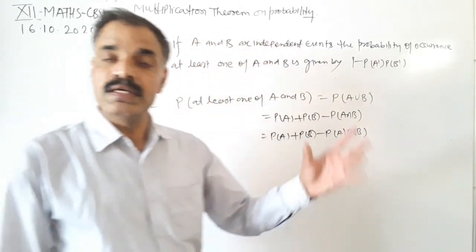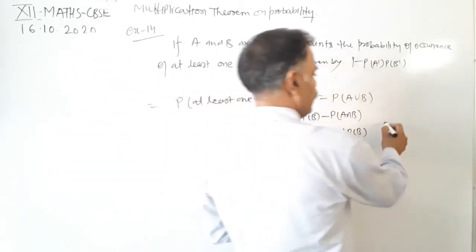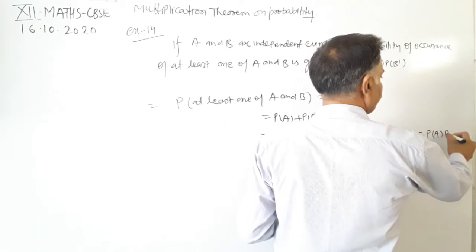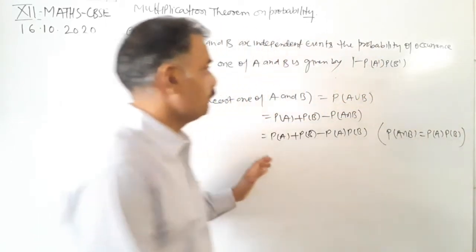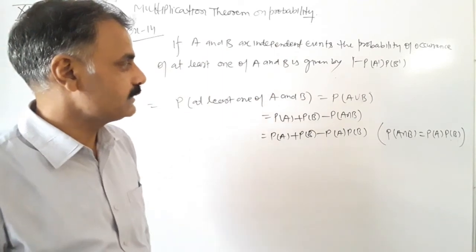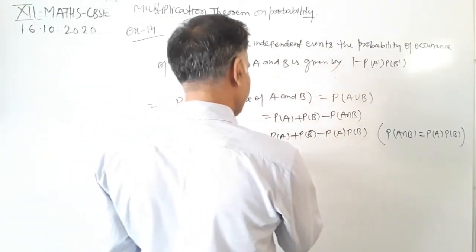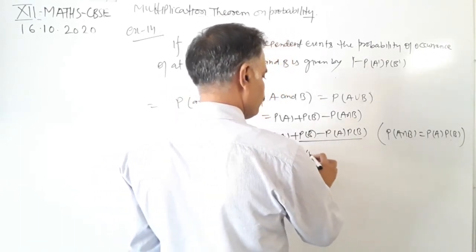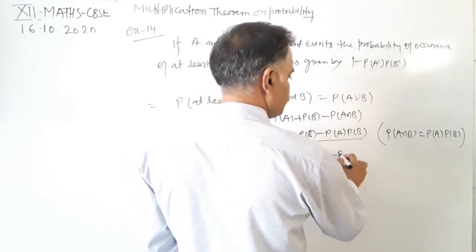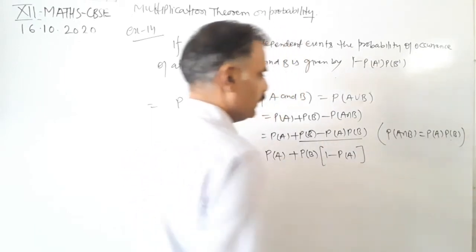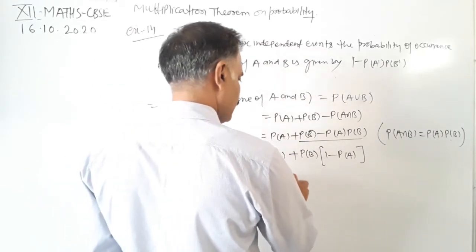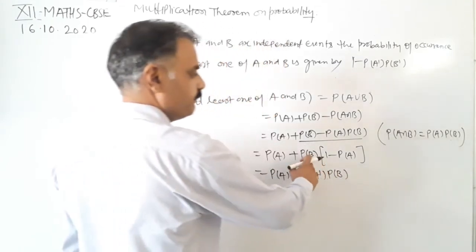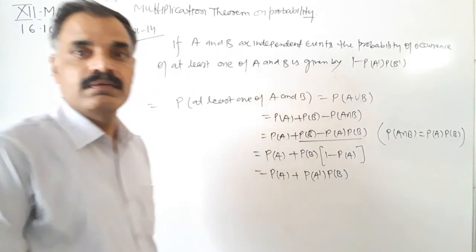Now we have to show that this equals 1 minus PA dash into PB dash. Taking PB as common, we have PA plus PB times 1 minus PA, that is PA plus PA dash into PB.